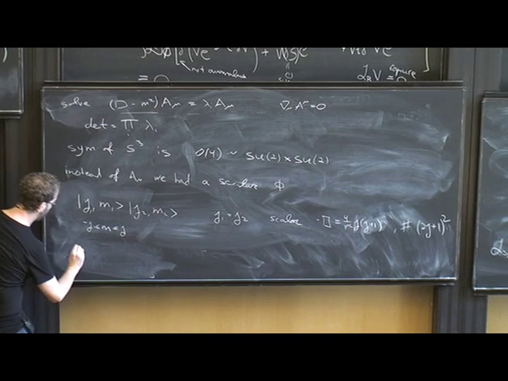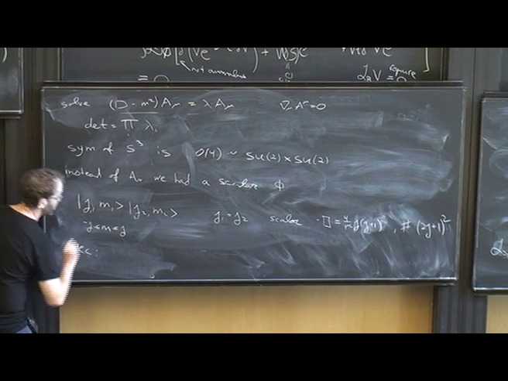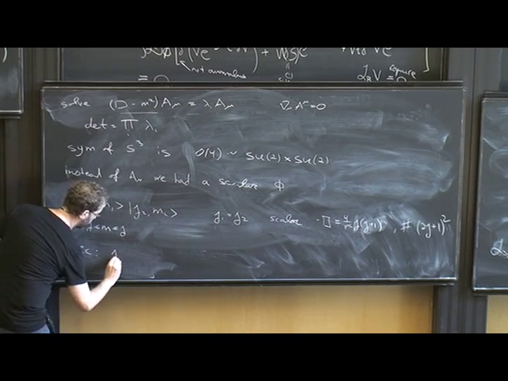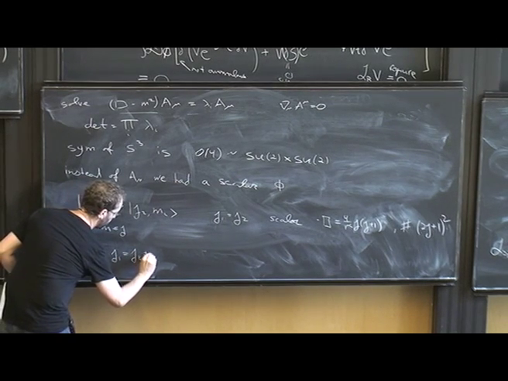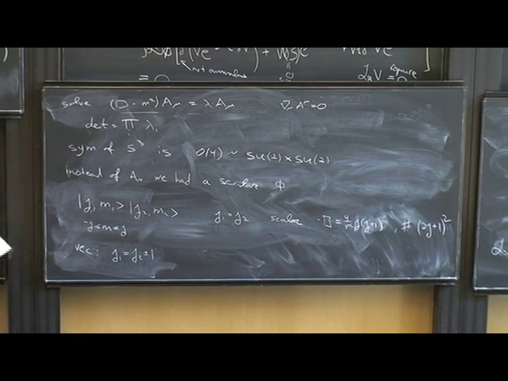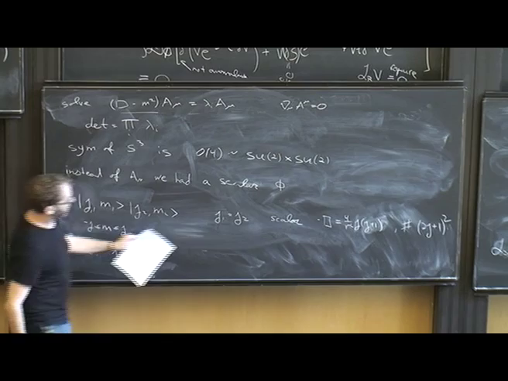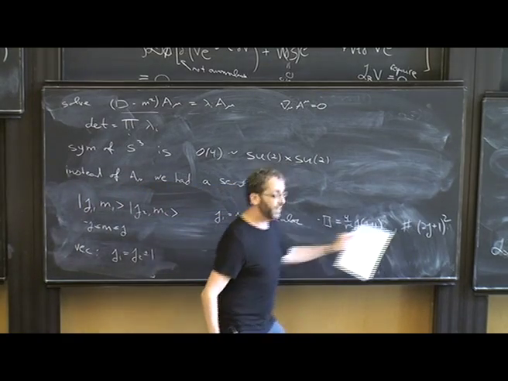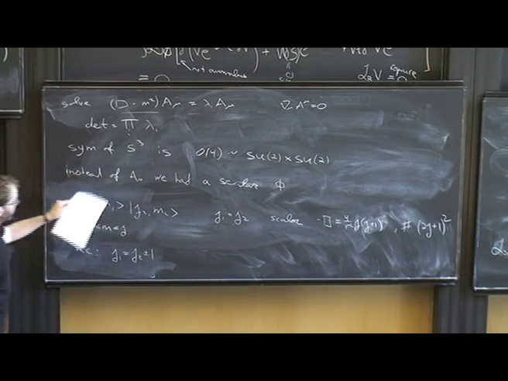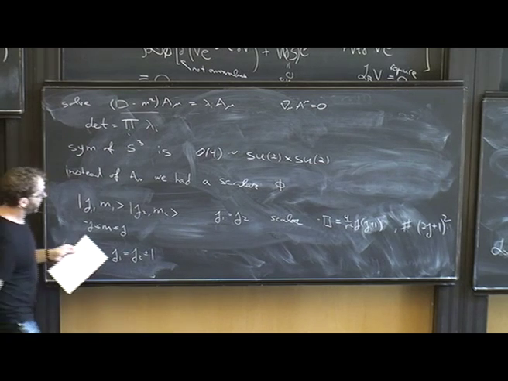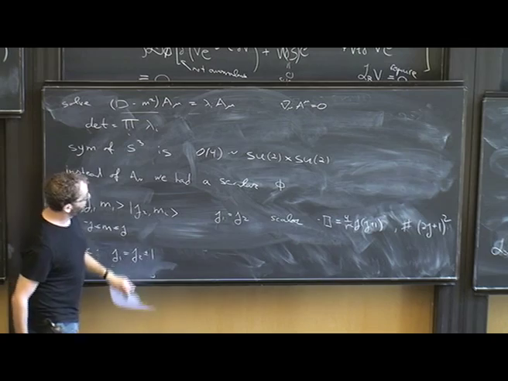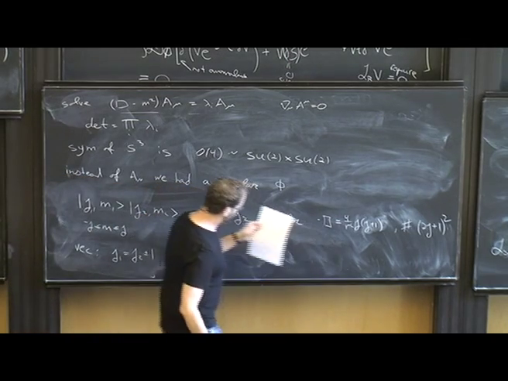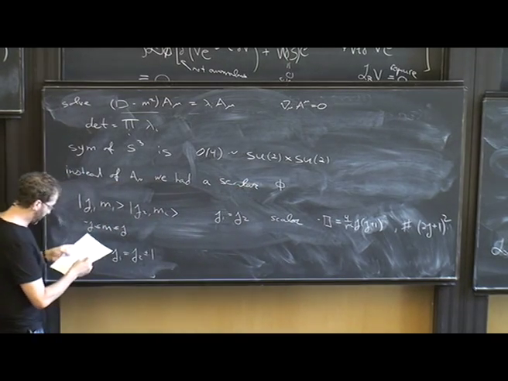The vector, in that case you have j1 equals j2 plus or minus 1. And from this you can immediately calculate what is the multiplicity. You have two polarization modes which correspond to this plus and minus. You need to calculate the Laplacian.